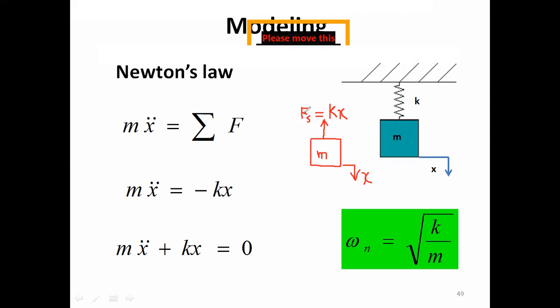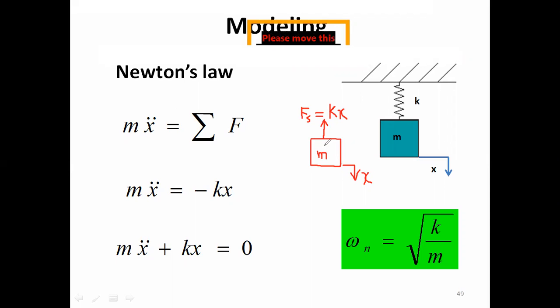Applying Newton's law on that, the summation of all of the forces which are acting on the mass must be equal to mass times acceleration. So we write mass times acceleration equal to the summation of all of the forces acting on the mass.